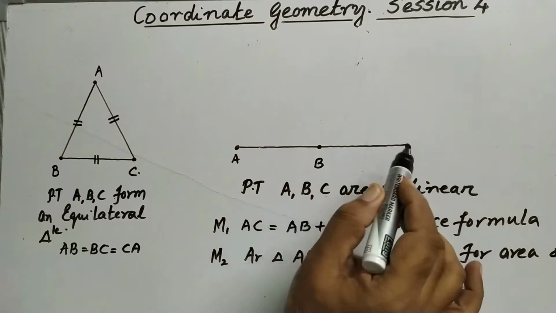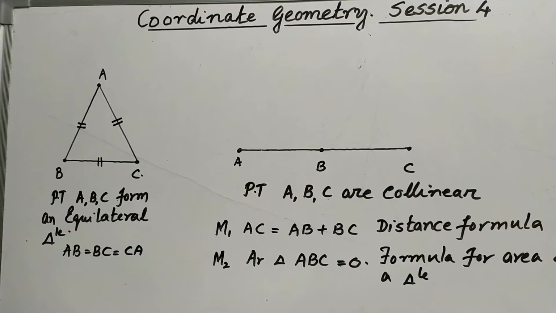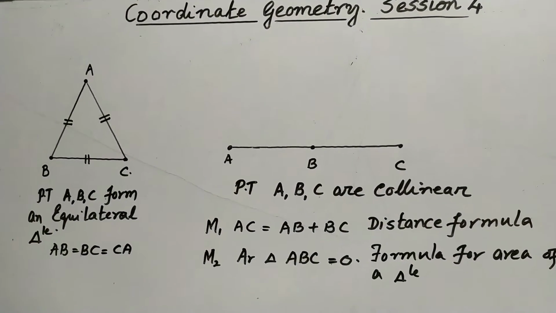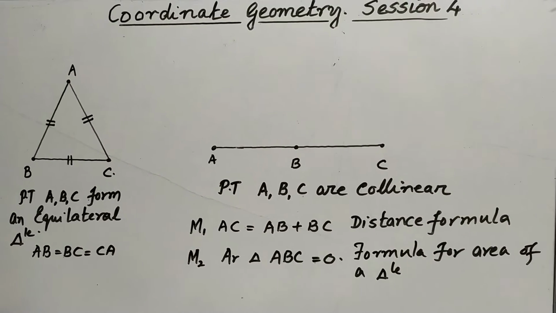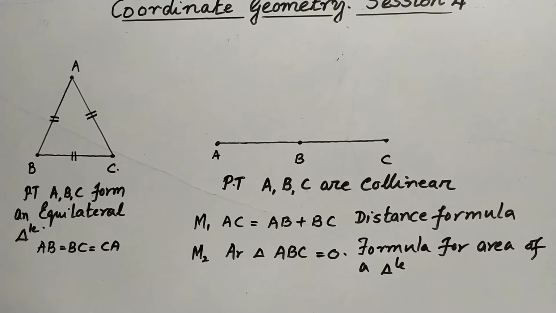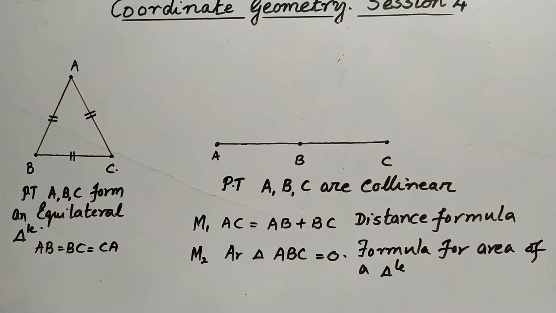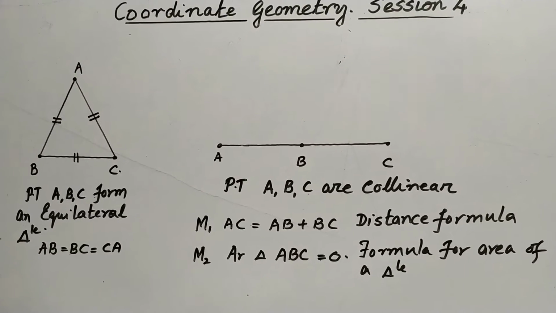If they give you three vertices and ask you to prove that these three points are collinear. Collinear means they lie on the same straight line.